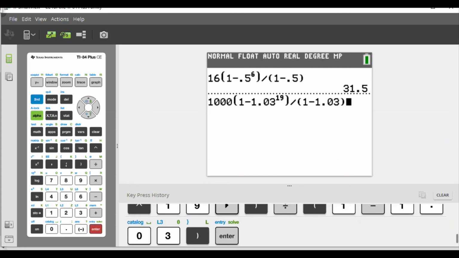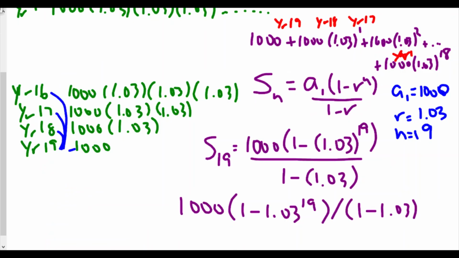And we're going to get a total of $25,116.87, rounding to the nearest penny. So yes, the sum in this case, as I said before, is $25,116.87.